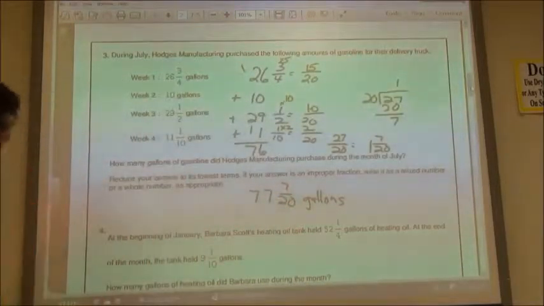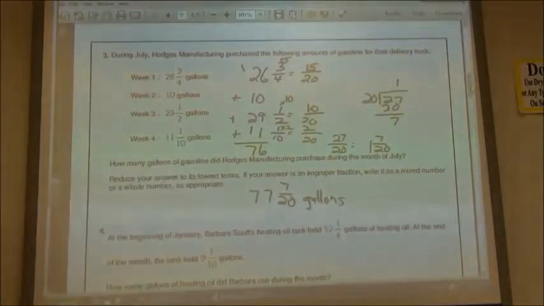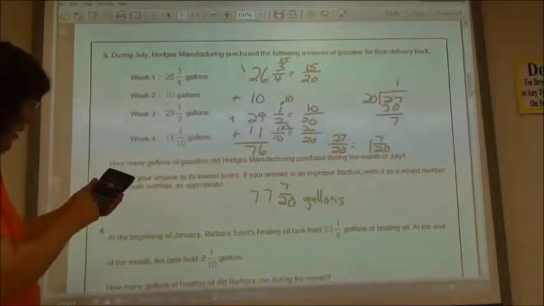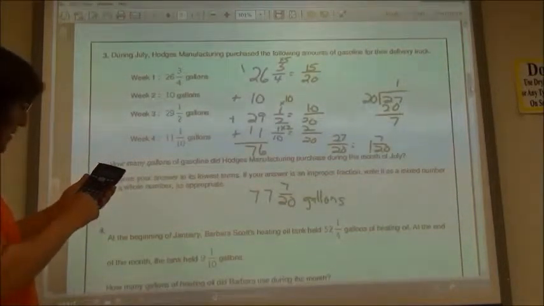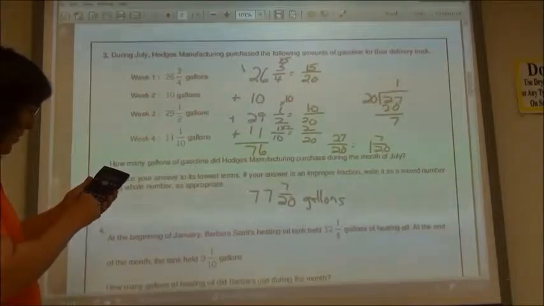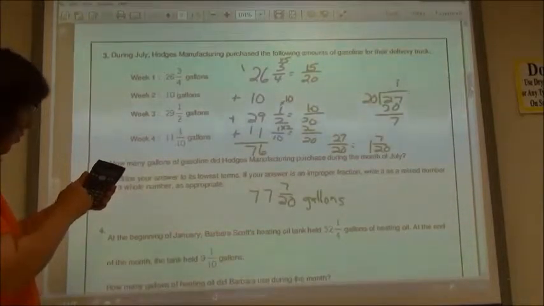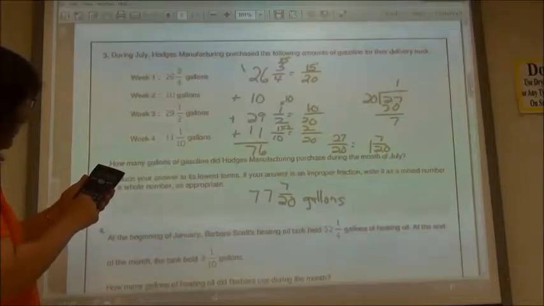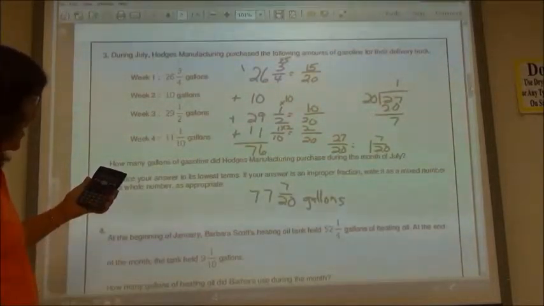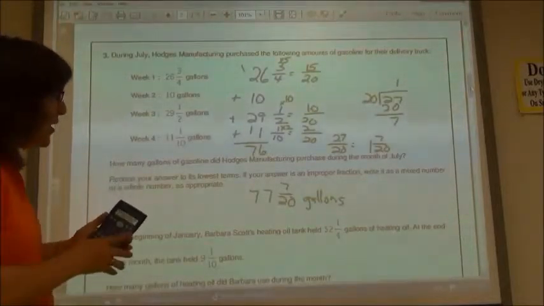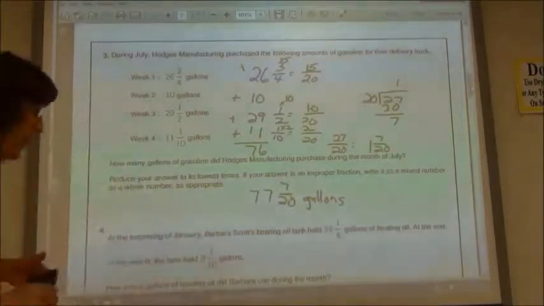Okay. And so again, if I want to double check with my calculator, I'm doing 26 fraction 3 fraction fourths plus 10 plus 29 fraction 1 fraction 2 plus 11 fraction 1 fraction 10, and I end up with 77 and 7/20, which is the same thing we got when we did it paper pencil.